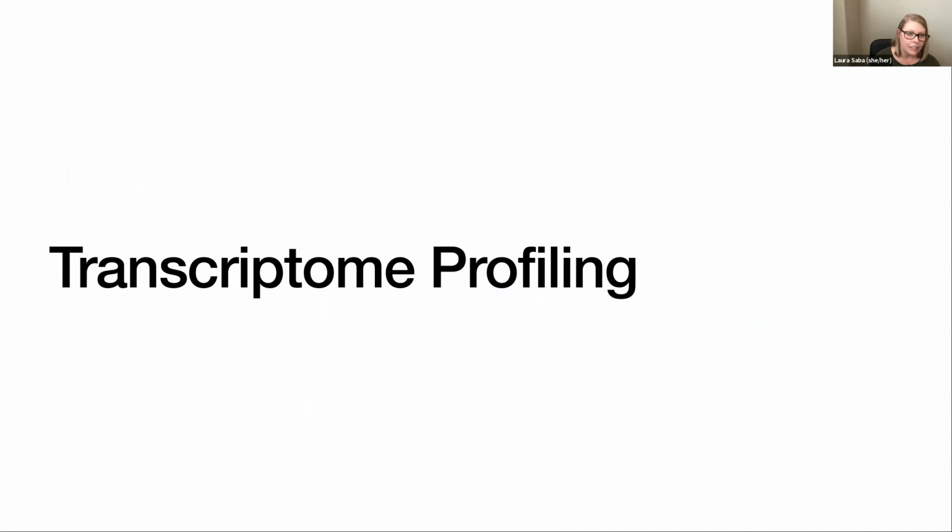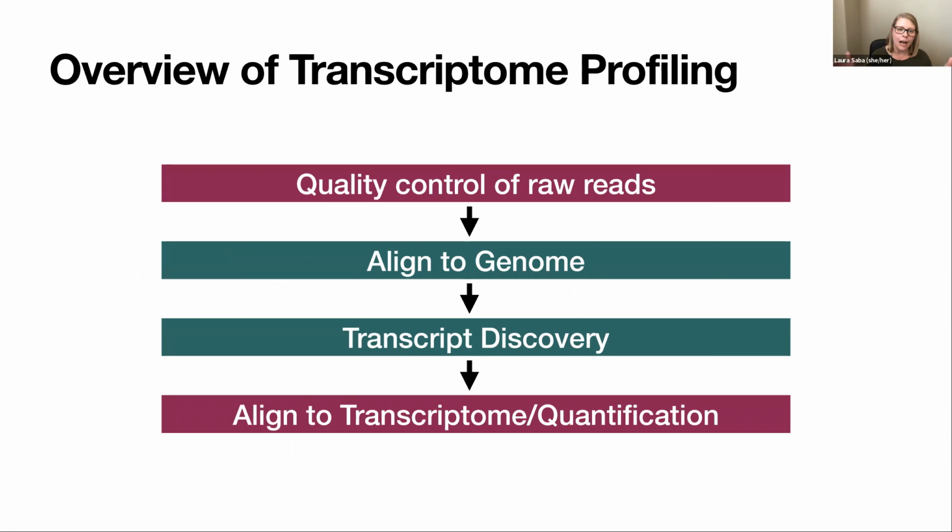So finally, getting to the transcriptome profiling part, so actually getting to the analysis. Thank you for bearing with me as we set the stage for the main topic of interest. How I'm going to break it down today is we're going to go over some of the things that we typically do to look at the quality of our raw reads and make sure that we're getting good information out and we know what we're getting.